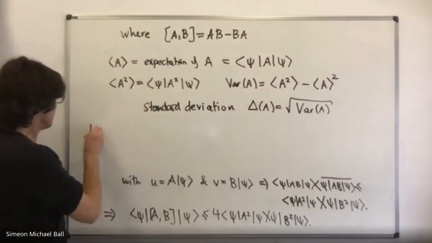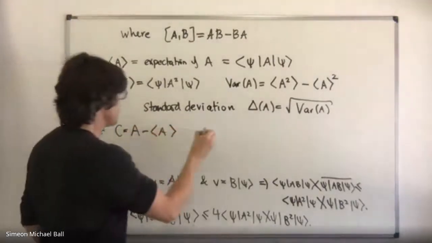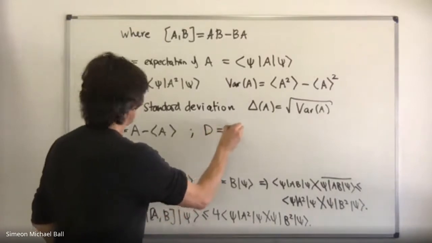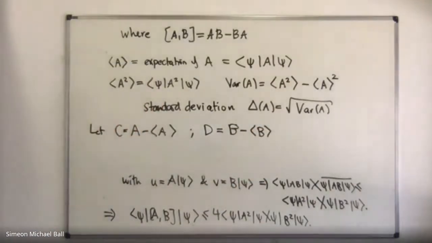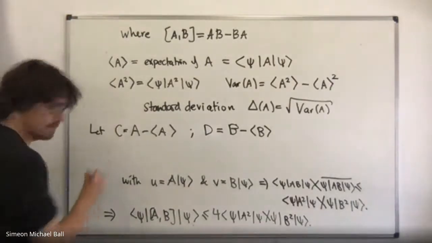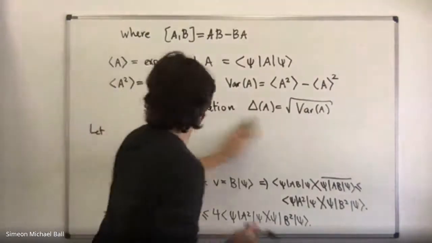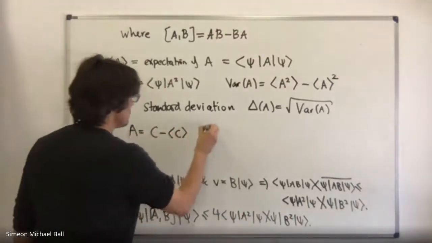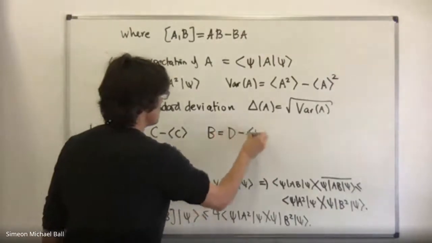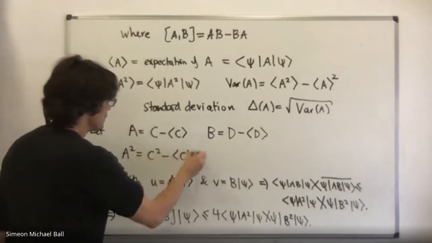So we just do a minor adjustment to make the average of the random variable 0. So this is actually going to be a form for C and D. Oh sorry, the other way around. A squared is going to be C squared minus C.